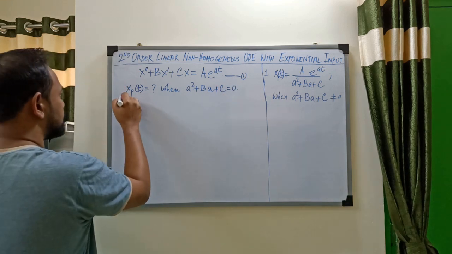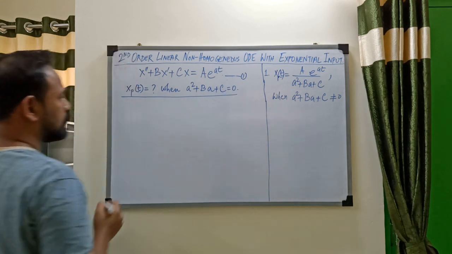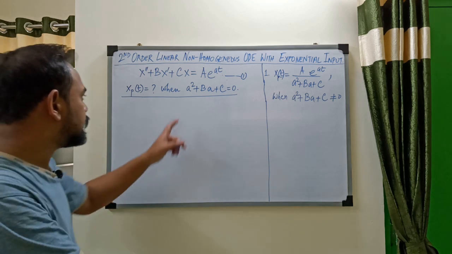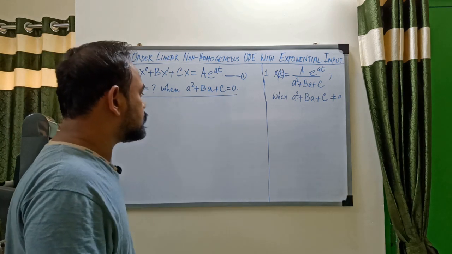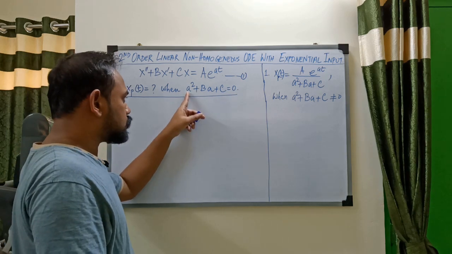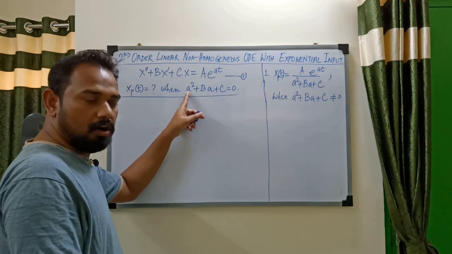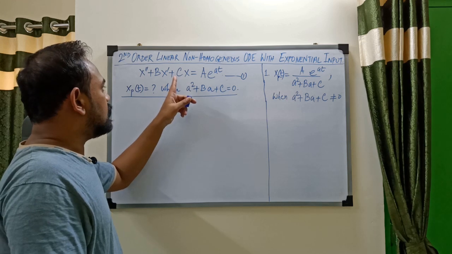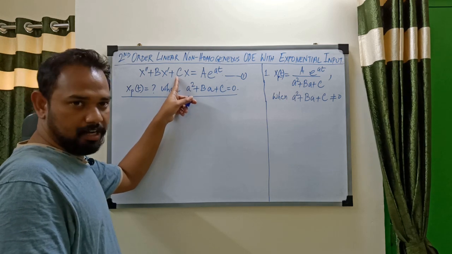What would this be? This is what we are going to investigate. Now, to say that this is equal to 0 is the same as saying that a is a root of the auxiliary equation of the homogeneous form of this differential equation.